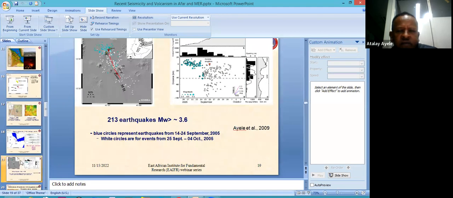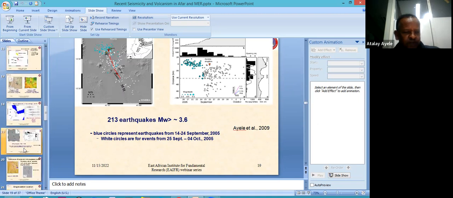This work was contributed by myself and other colleagues, and it was published in GRL. We concluded that the megadike source was in the middle of the Dabbahu volcanic complex instead of Boina, which we originally thought.